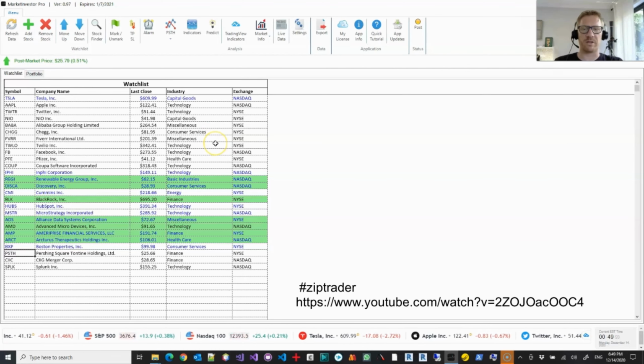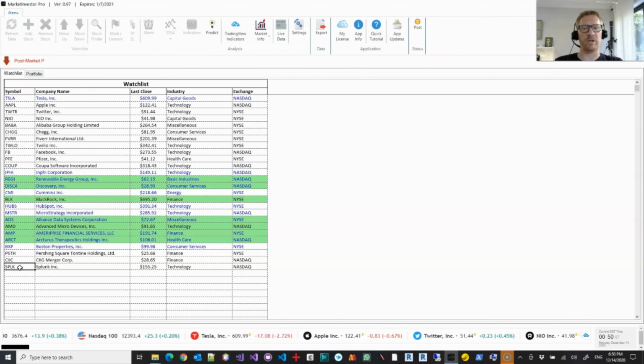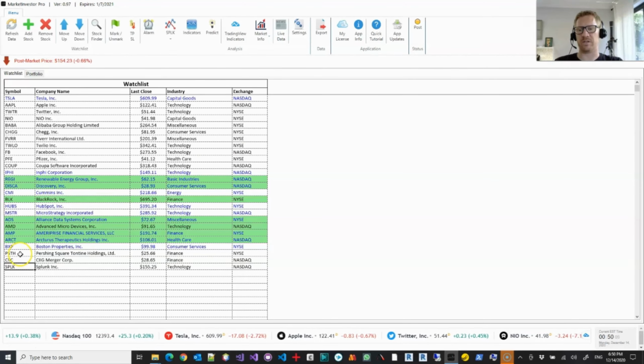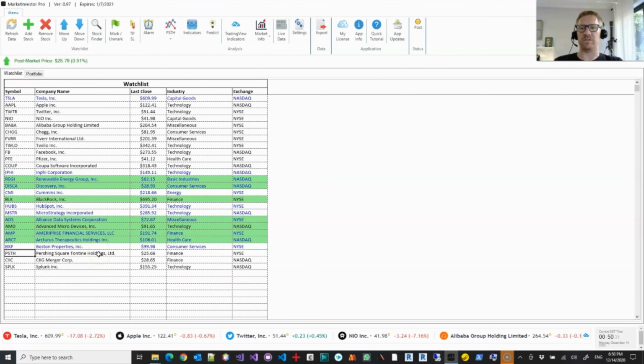Also, not top stocks, he calls it something else, but he talks about stocks about 2 or 3 times a week, and he was talking about upcoming stocks that could potentially increase and balloon in value quite a lot, and these were the 3. So it was PSTH, CIIC, and SPLK. So I'm going to be looking at these ones also and getting in on those trades, but first I'll do a bit of research.